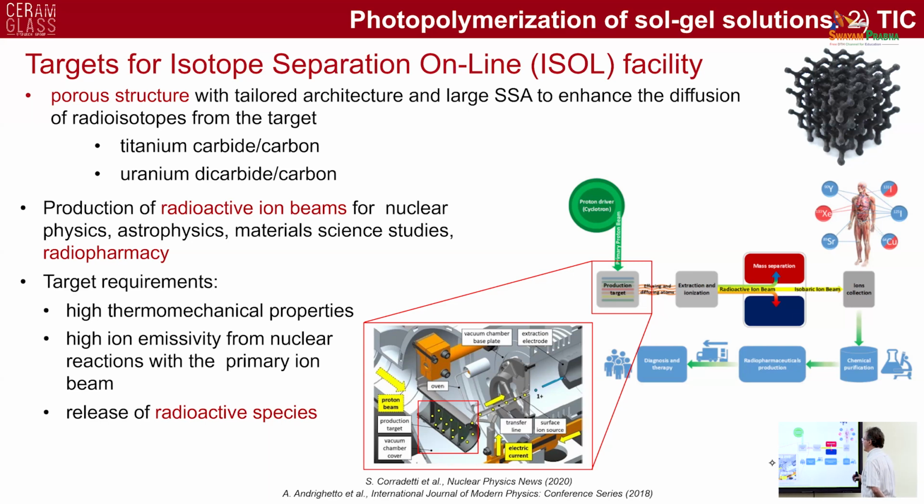So we have been involved with the fabrication of the production target. And the requirements are very strict. In order to facilitate the extraction of the isotopes, the material operates at very high temperatures in high vacuum, meaning 2000 degrees, 10 to the -9 torr.